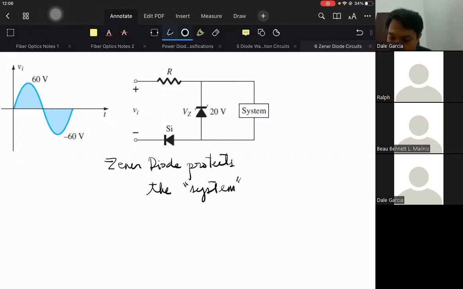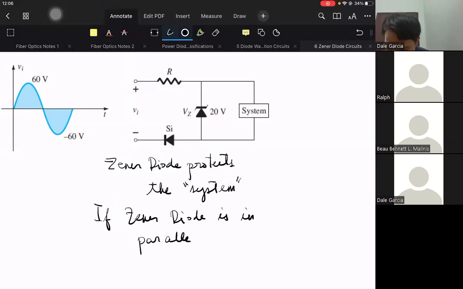If the Zener diode is connected in this manner, it is in parallel with a system. If a Zener diode is in parallel with a device, it could be a resistor, a load, or in this case, a system.